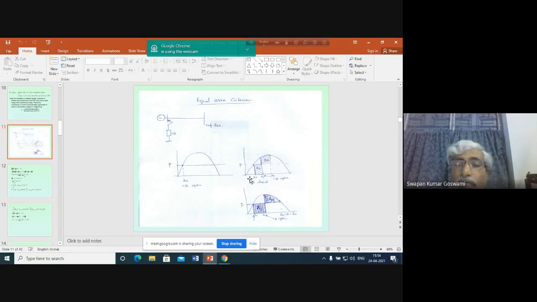So, energy input, and which energy? It is the extra energy. At this angle delta zero, the generator was rotating at synchronous speed because it was a stable situation. So kinetic energy corresponding to that synchronous speed was stored in the rotor of the generator.